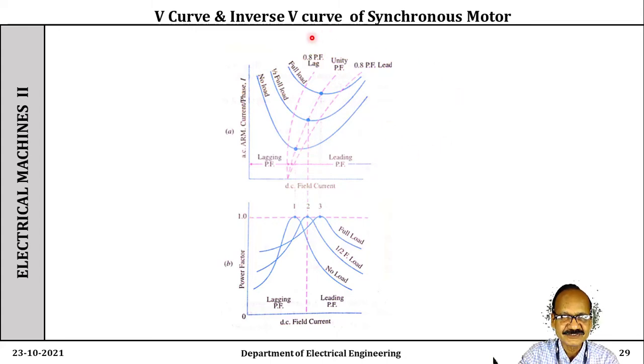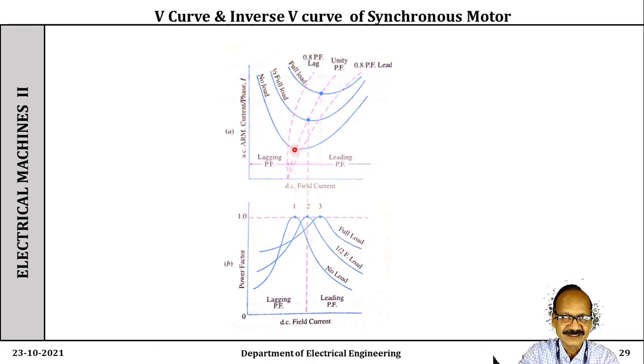Now the figure shows the family of V curves, particularly at no load, half load and full load. At a certain excitation in every case, the armature current becomes minimum.